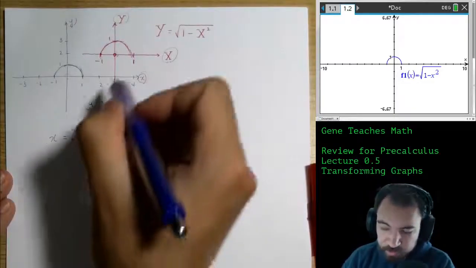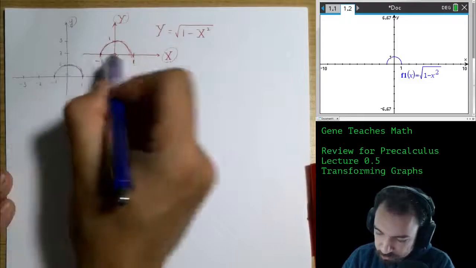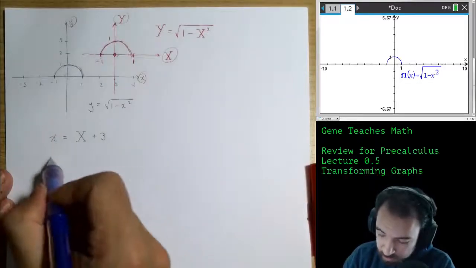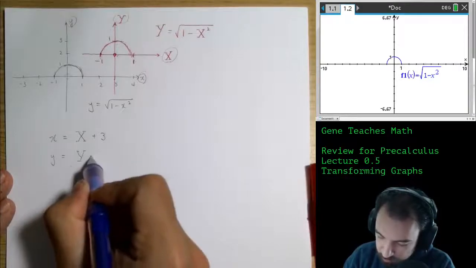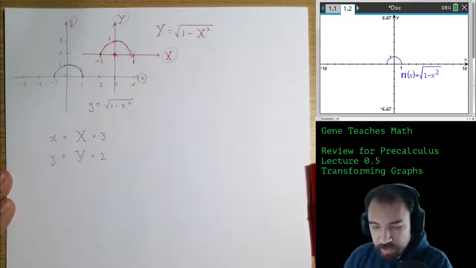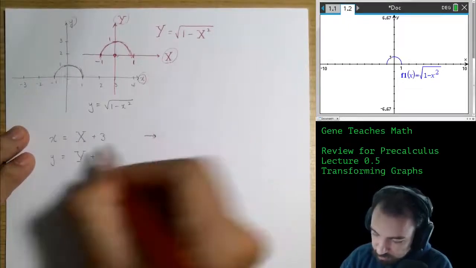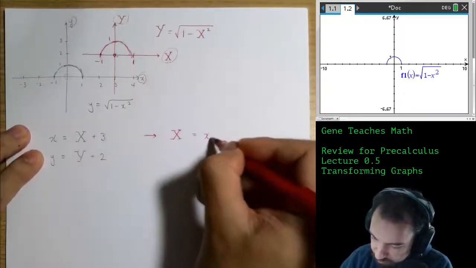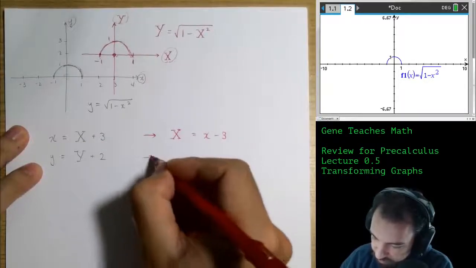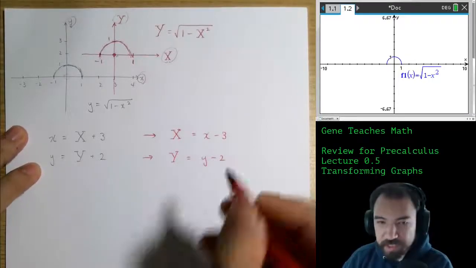Okay? And I can do the same exercise with y. I can say that lowercase y is 2 when capital Y is just getting started. So lowercase y should be capital Y plus 2. Now, this allows me to solve for capital X and say capital X is simply lowercase x minus 3, and that capital Y is simply lowercase y minus 2.